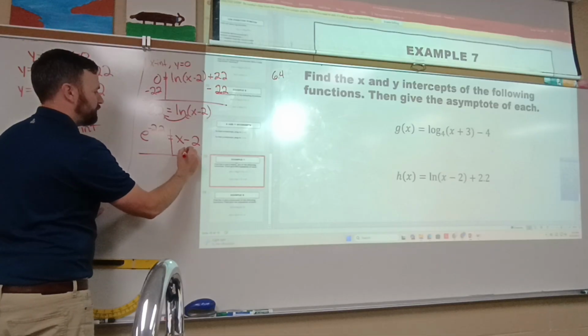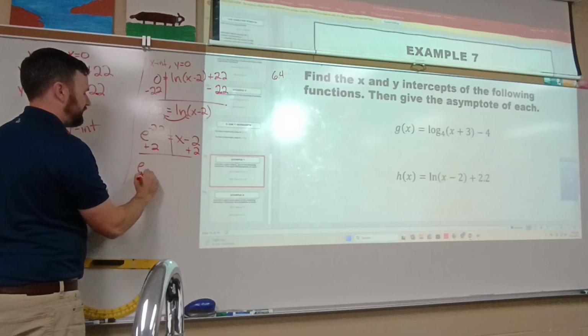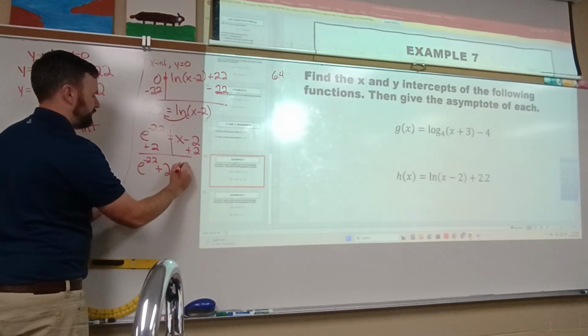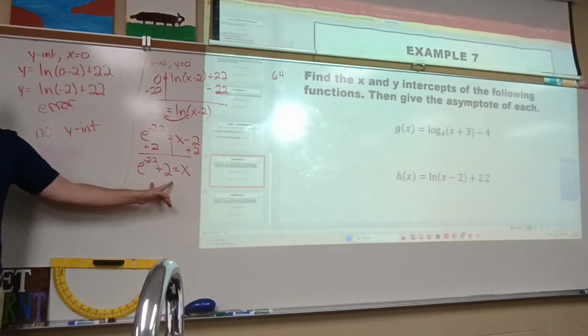Now I'm going to add my 2 to both sides. So I get e to the negative 2.2 plus 2 equals my x. Now, you can plug that in your calculator, and that's what we're going to want to do for your homework because we're going to want decimals. If you go upwards in calc, you're going to leave it like that because there's no rounding in that one.